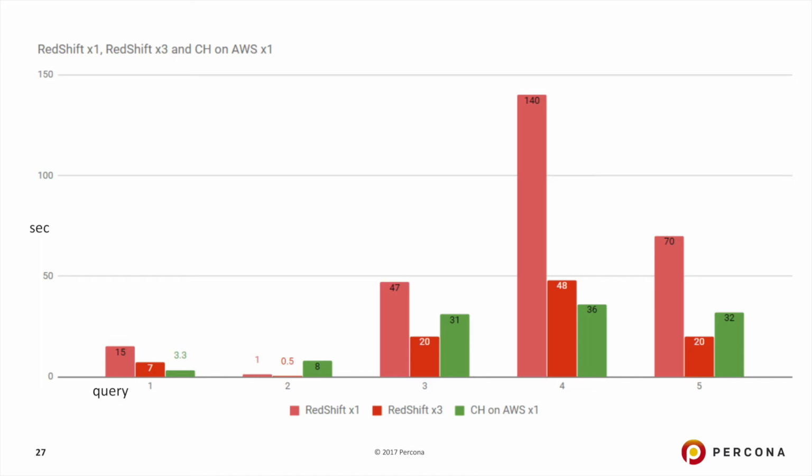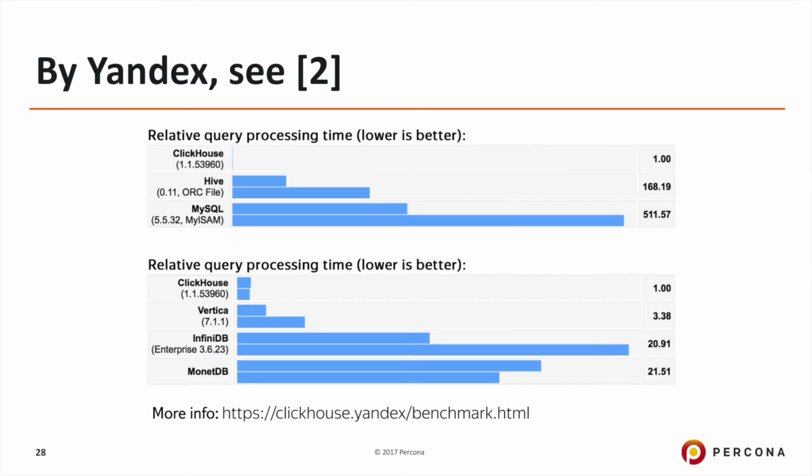We can see that only in one case ClickHouse becomes slower, but we also propose ways to deal with this. In other cases, ClickHouse is faster than Redshift 1 node, and in some cases ClickHouse is even faster than Redshift 3 nodes.